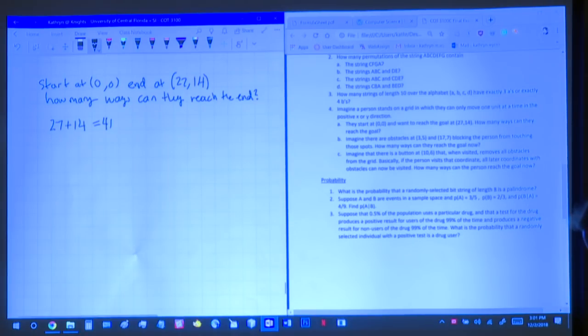And then basically we just have to decide where he's going to move up versus where he's going to move right. So this one would be 41 choose 14. We could do 41 choose 27, but it doesn't matter, so I'll just pick 14.